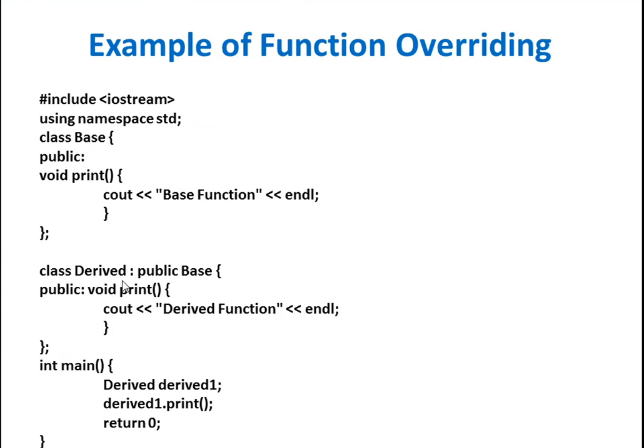This print function is already inherited into the derived class, still the derived class overrides that function with this code. In main, one object of the derived class is created, and derived one dot print will print this replaced definition of print. This is function overriding.